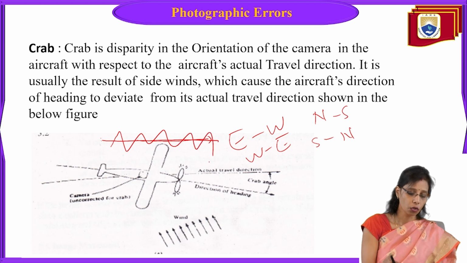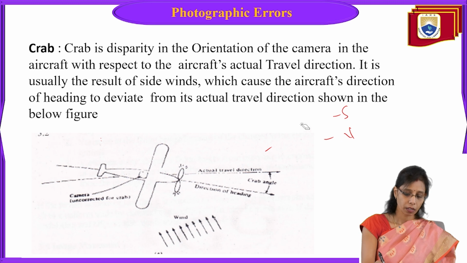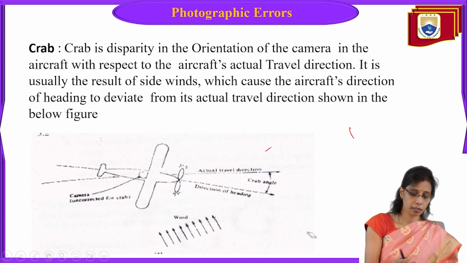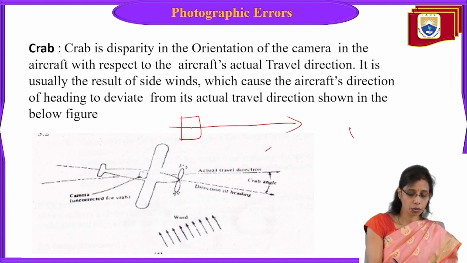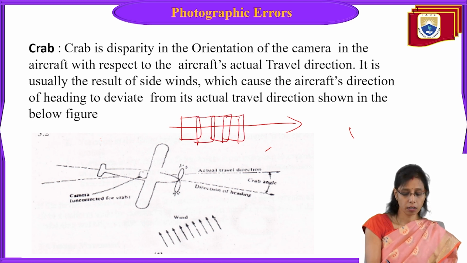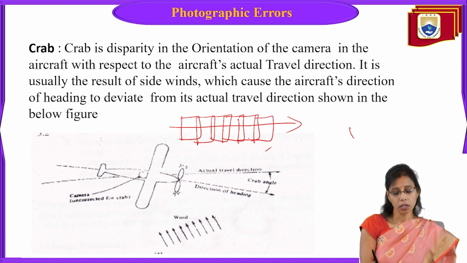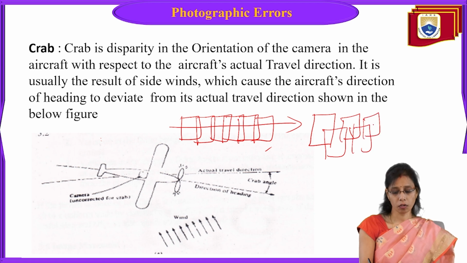So when the photos are clicked like this, this is the flight line direction. What happens due to these weather conditions? The photos will be somewhat like this, up and down.